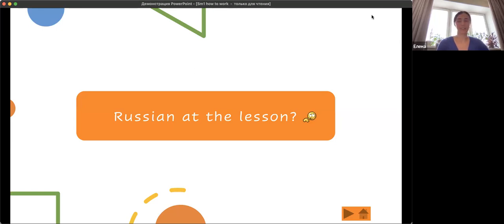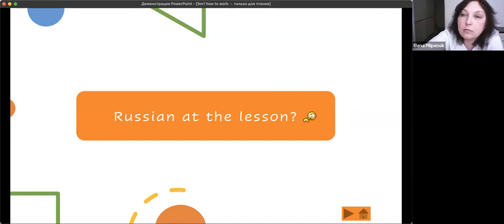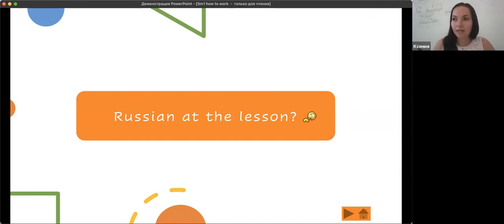So what are your ideas? Can we use Russian in the lesson? Oh, no. Can I start, please? I just haven't finished my thought in a previous session. So we spoke about situations when a student does not understand an instruction completely. So what I do is, for example, open your students' books at page 5.